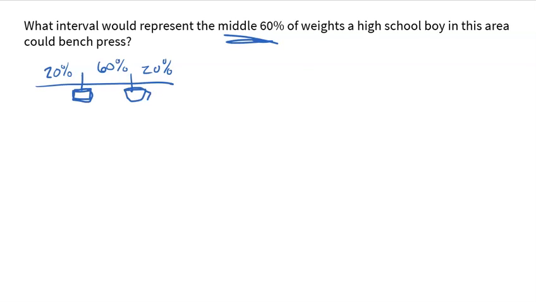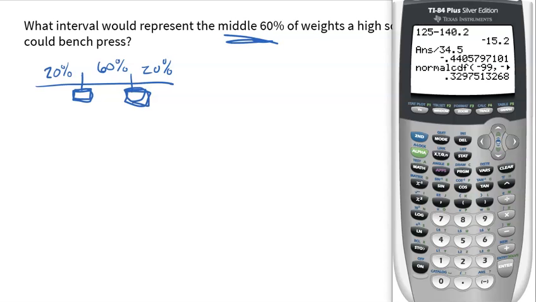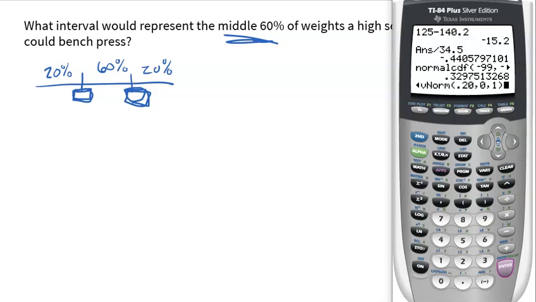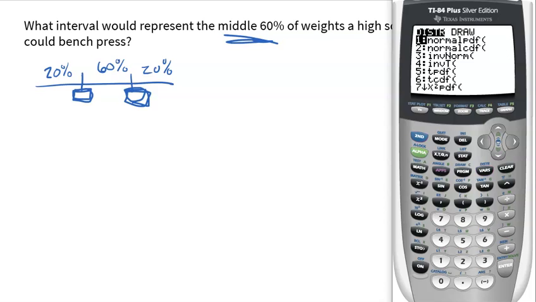What I need to do is find the z-score at the bottom of my interval, and I need to find the z-score at the top of my interval. To do that, I'm going to go to invert norm on my calculator. Remember, invert norm wants the area below. So to find the bottom would be putting in the 20% at the bottom, the 20% that's below my 60% interval. And I get negative 0.8416. Then I want to find the z-score that marks the top of my interval.